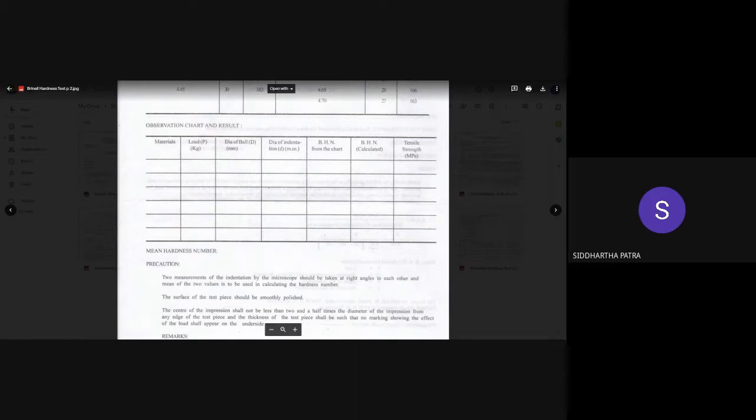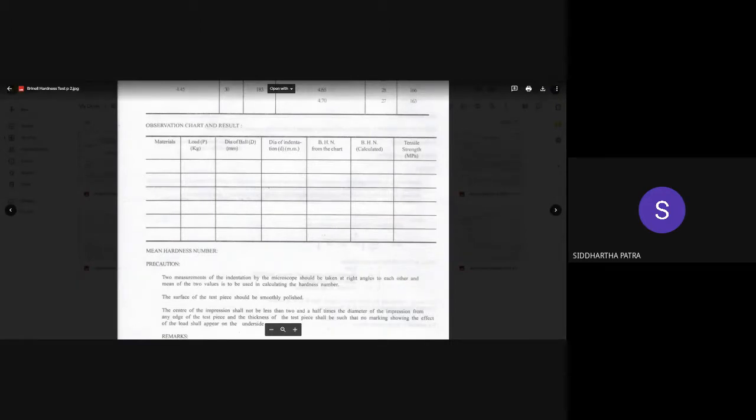First of all, what you have to convert. 1 ton is a unit of 1 ton weight, so you'll have to convert that 1 ton weight to kg weight, and that turns around 1000 kg force.